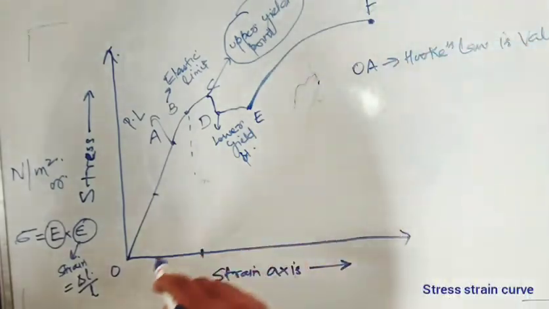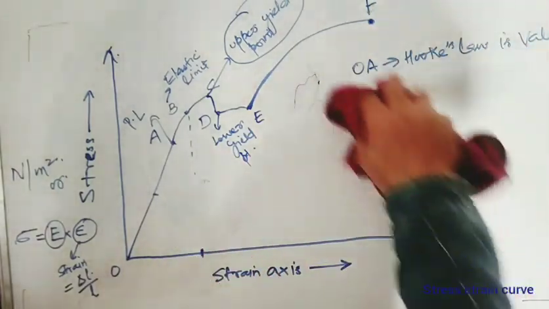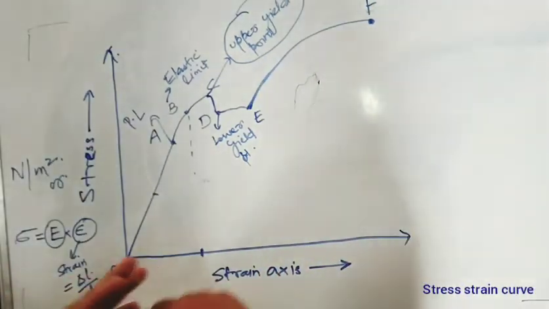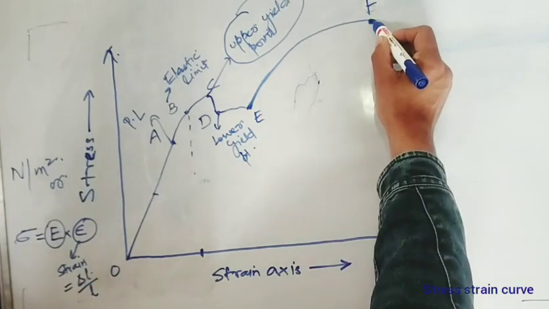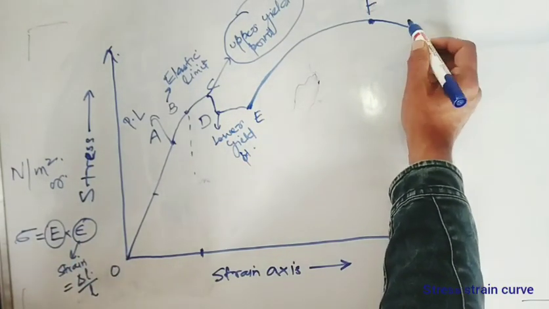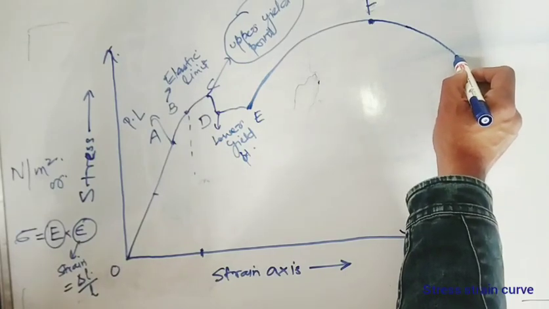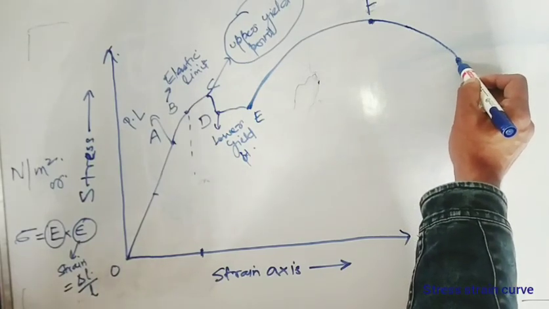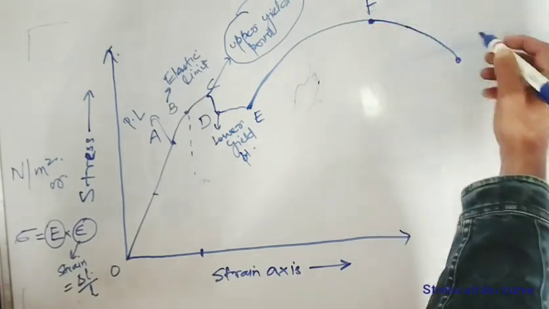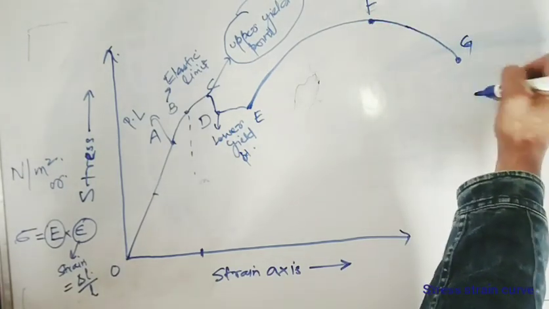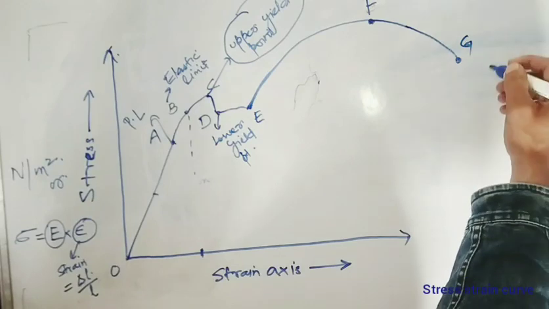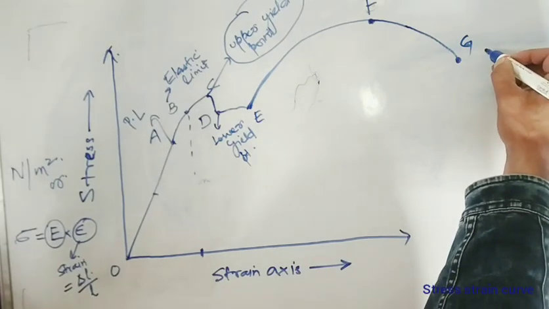And if further it is loaded, it will break. Now it will break because at lower stress values now, you'll be getting more and more strain, and up to this point, maybe this point, G point. This is where your specimen breaks.